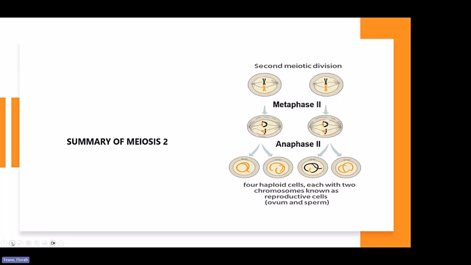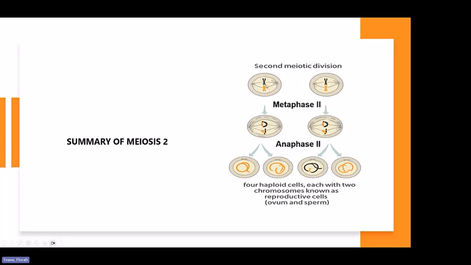Let's see whether you understood what I said about the second meiotic division. Okay, we have the prophase, which is not indicated here, but just to make you remember, in prophase 2, the spindle is reappearing. And in metaphase, these chromosomes are now single chromosomes. It's no longer a pair, remember?